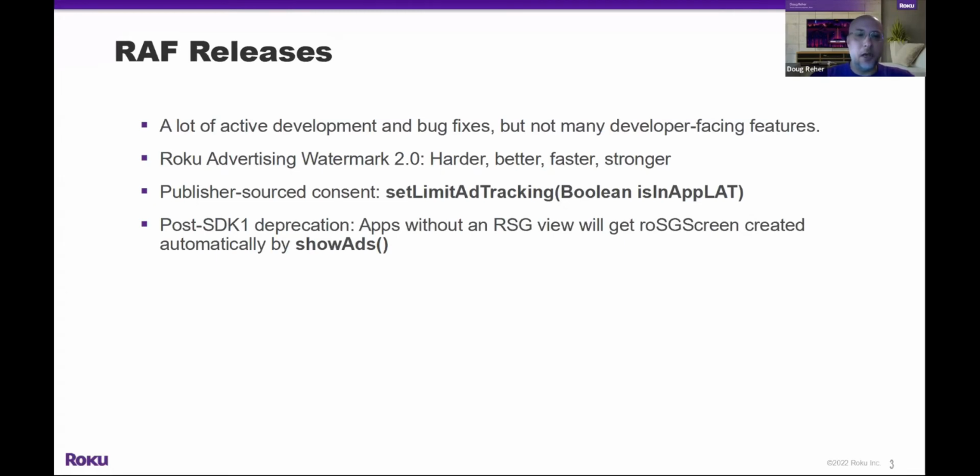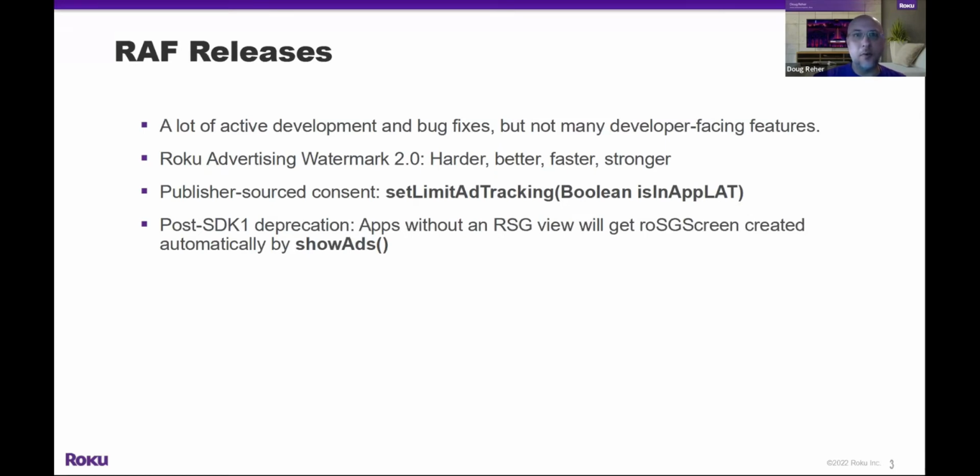And then, as you're probably aware, the third category of things that we can talk about. We deprecated a lot of our SDK1 interfaces this year. Basically anything that used SDK1 style rendering natively got removed from our SDK. But there are certain categories of apps like games that are still out there and still using roScreen for 2D graphics and input.